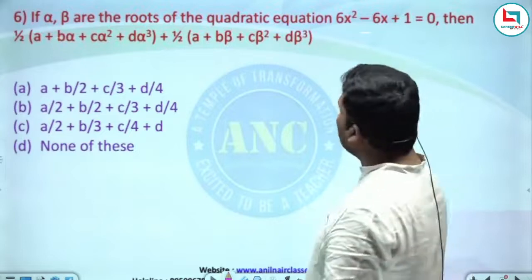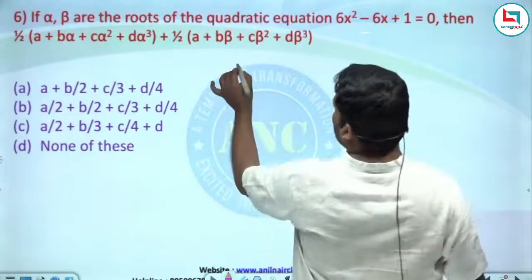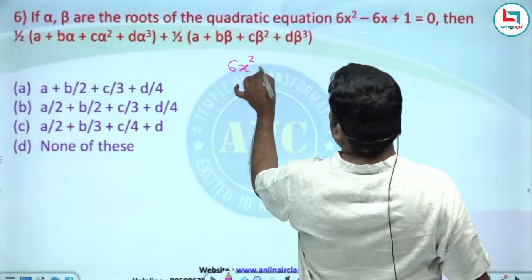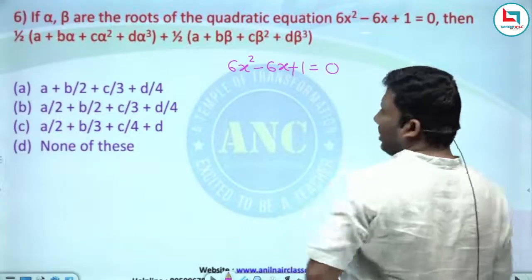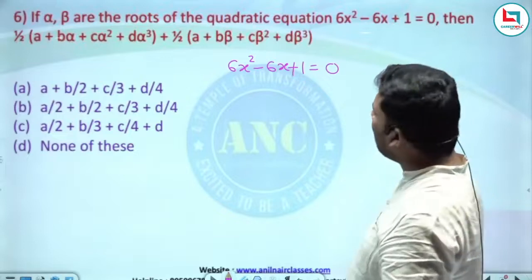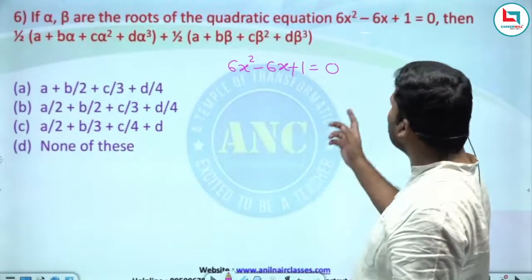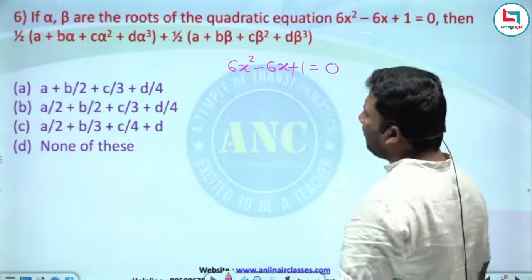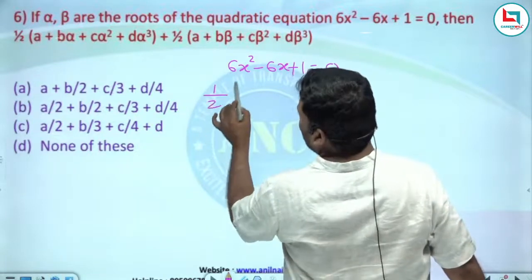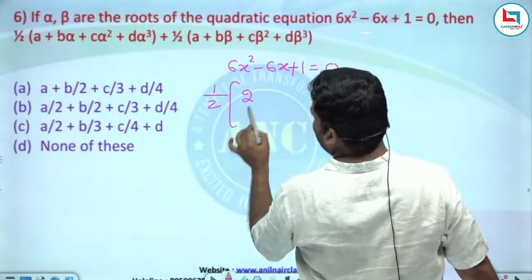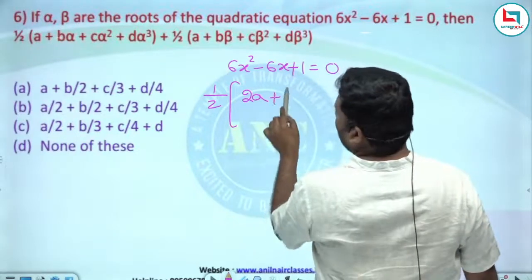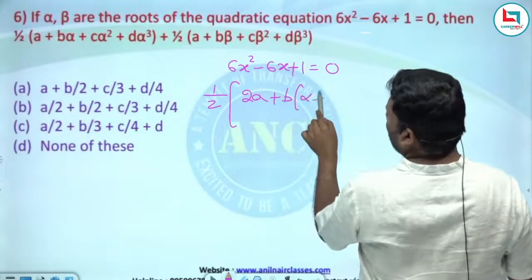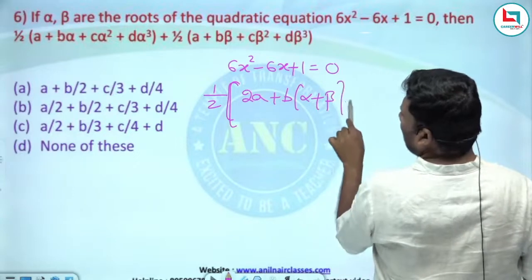If alpha, beta are the roots of the equation 6x square minus 6x plus 1 equivalent to 0. Now if you see, we have to find half of, if I take half common, a plus a is 2a, plus b into alpha plus beta, sum of the roots I require.